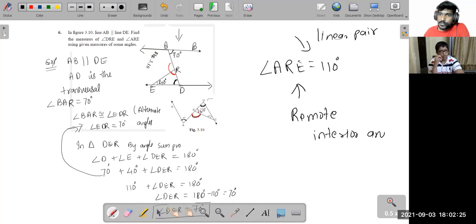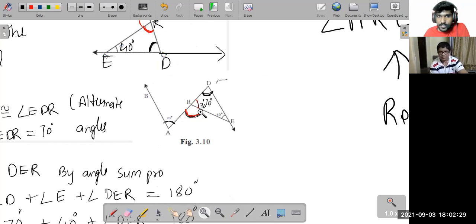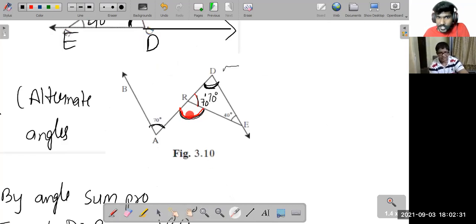This is the exterior angle, and these become the two remote interior angles. So 70 plus 40 is 110, so that's how this becomes 110 degrees. You also want DRE, right?